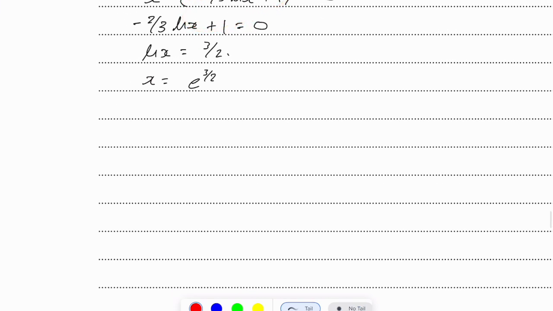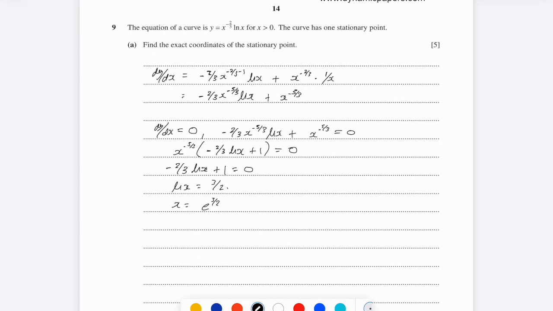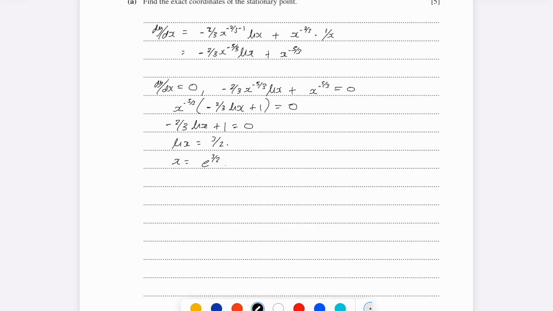Now, from here, we're going to plug in x. So x is equal to e to the 3 over 2. If we plug that into y, so therefore y is going to equal e to the 3 over 2, to the negative 2 over 3, ln e to the 3 over 2, which equals 3 over 2e.